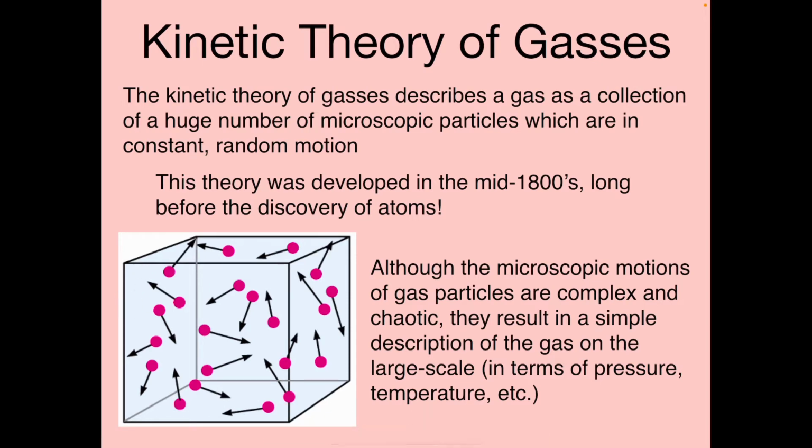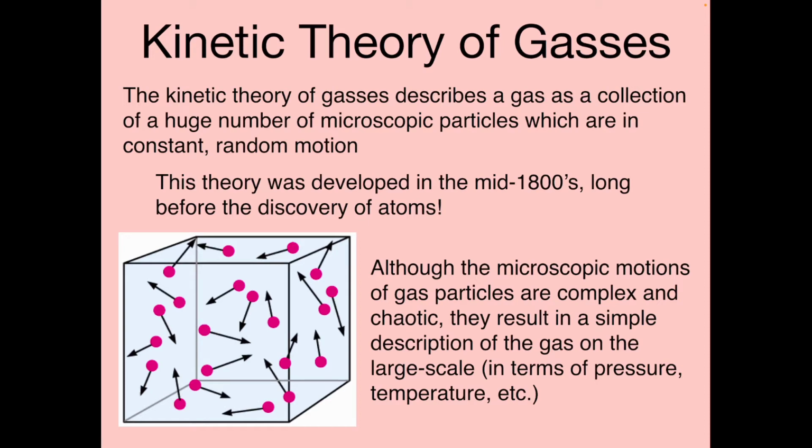and so overall the motion is pretty complex. As a historical note, this theory was developed back in the mid-1800s, which was long before the discovery of atoms. Nowadays we know that all matter, everything we can see and touch around us, is composed of atoms. But back then, that wasn't a settled issue. There was actually some controversy.